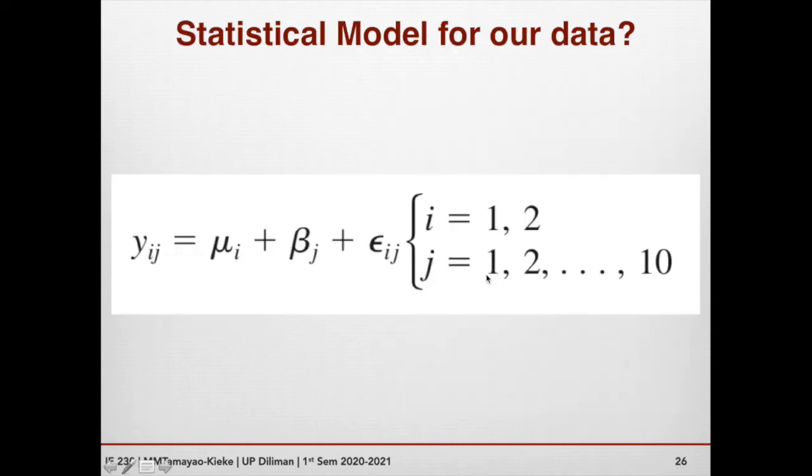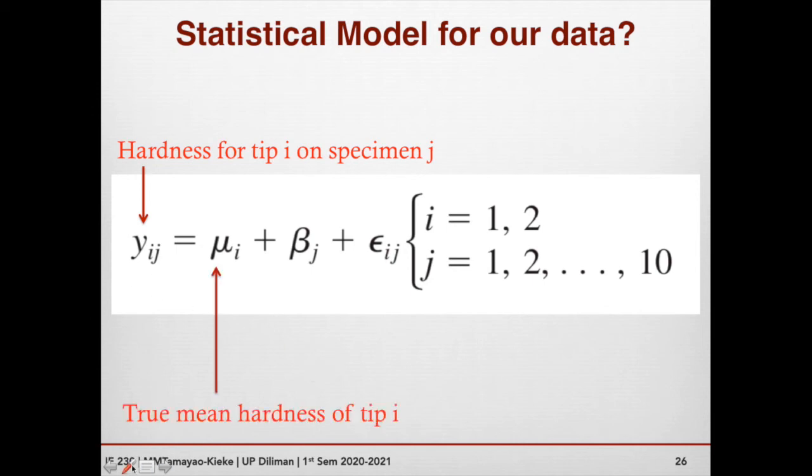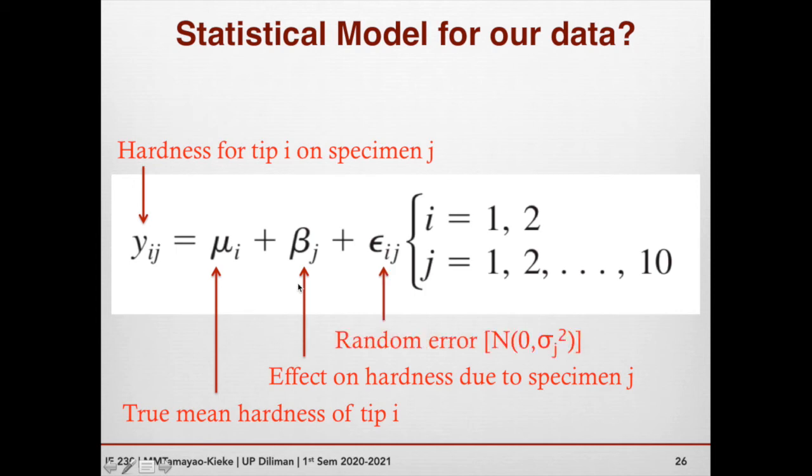So I show here the statistical model for our data. You have here the hardness for tip i on specimen j, denoted by Y sub ij, and then you have the true mean hardness of the tip, mu sub i, plus the effect on the hardness due to the specimen j, denoted as beta sub j, plus the random error.